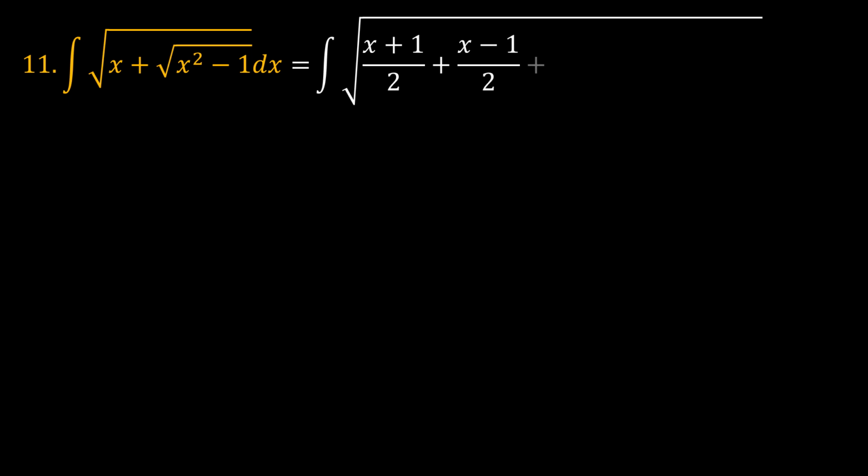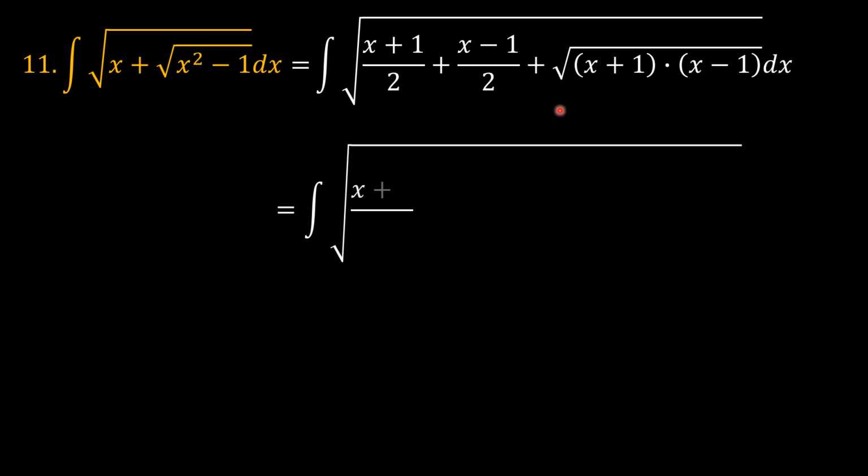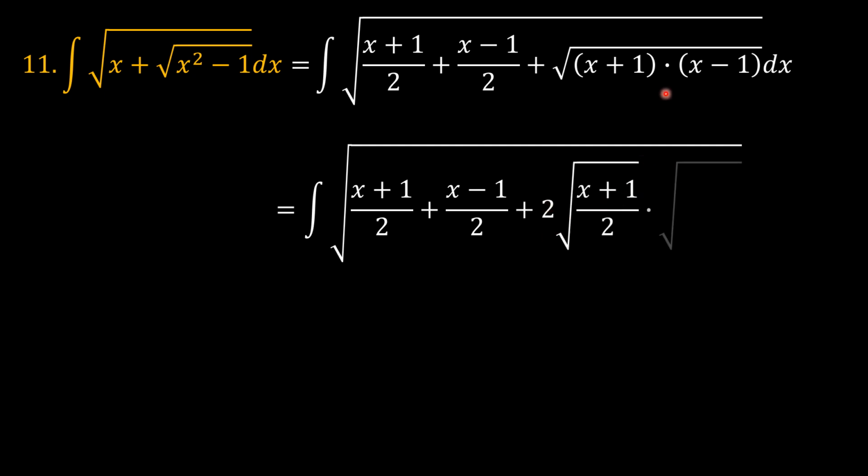So that means we have the square root of (x plus 1) over 2 and (x minus 1) over 2 when added, because there's a hidden 2 there. But let's just go ahead and show that explicitly. So there's a 2 here, and there is a product of the square root of (x plus 1) over 2 and the square root of (x minus 1) over 2.